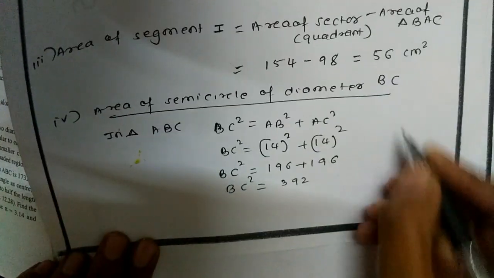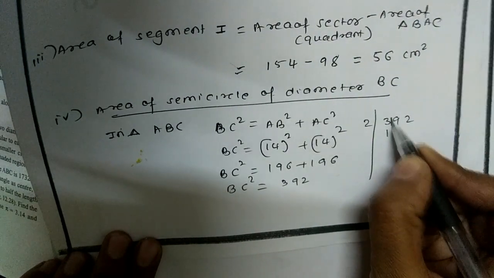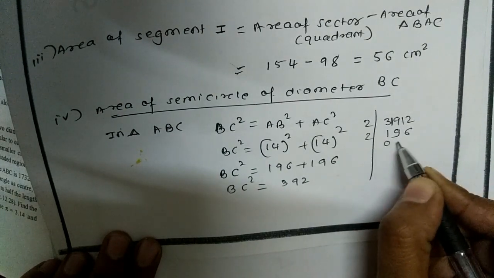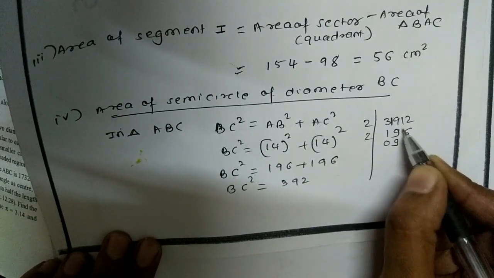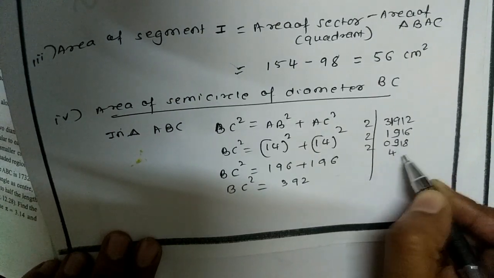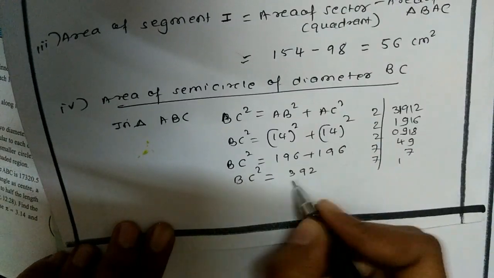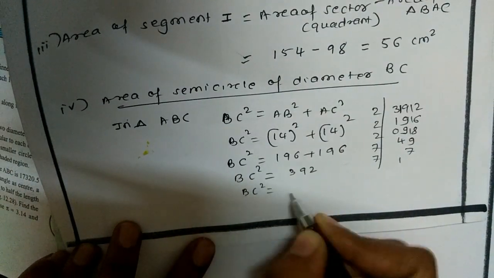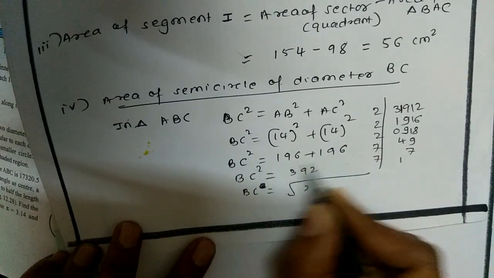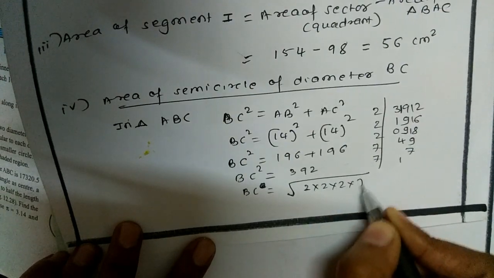So we'll do the prime factorization of 392. So 392 is 2 into 2 into 2 into 7 into 7.